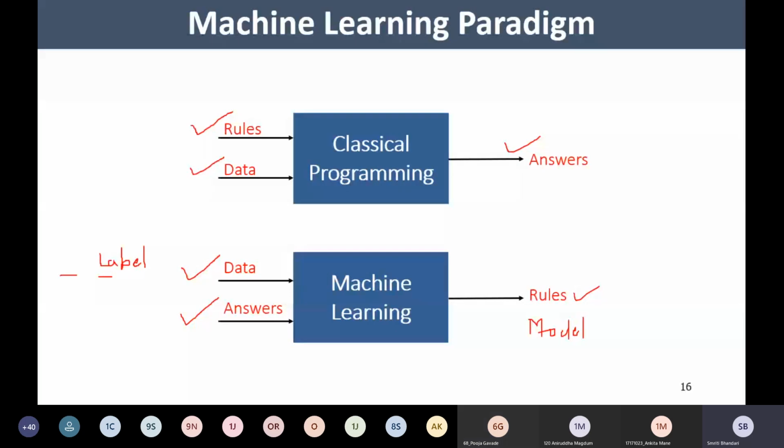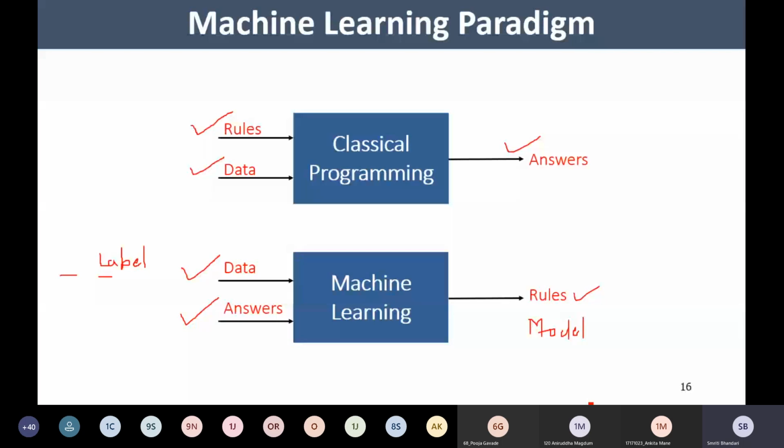So I'll be giving you one more example, right? Suppose we have a data set of images, right? And the images are, for example, of animals. So we have images of cats, dogs, then horses.